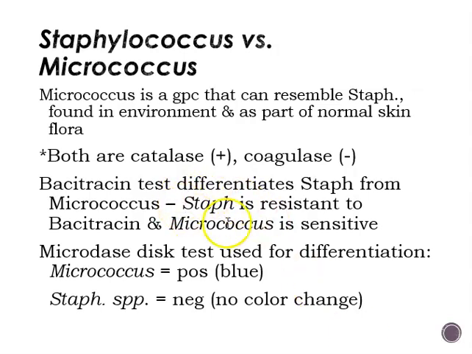Staph species will be resistant to bacitracin, whereas Micrococcus will be sensitive. Another test that can be used is called the microdase disc test. Micrococcus would produce a blue color, and your staph species would have no color change, that would be considered negative.